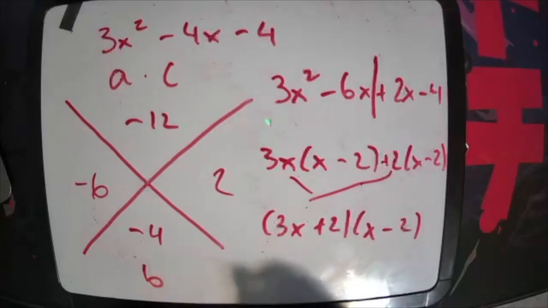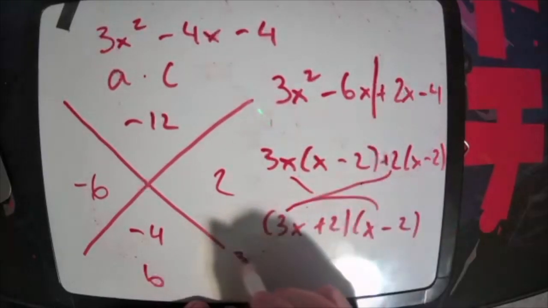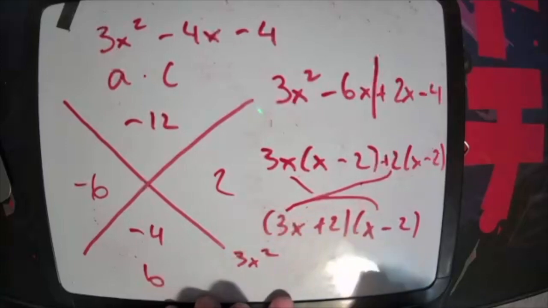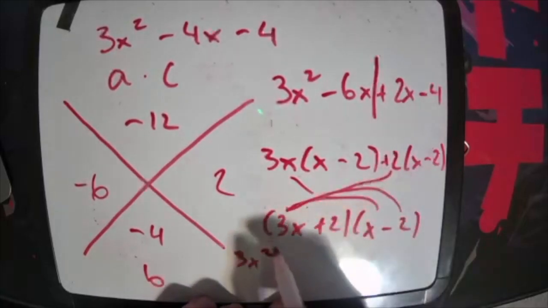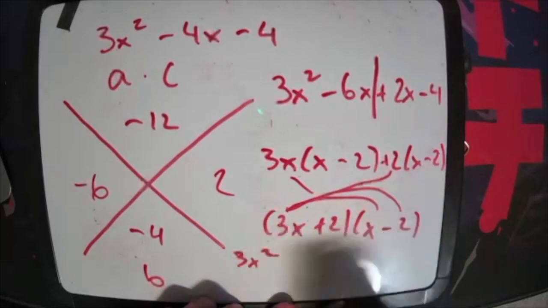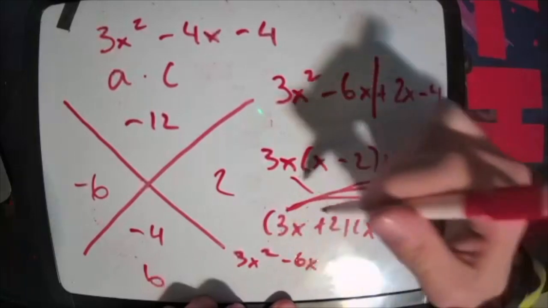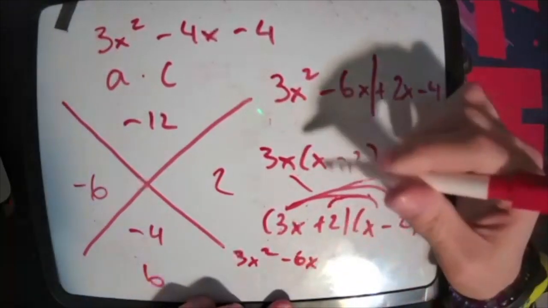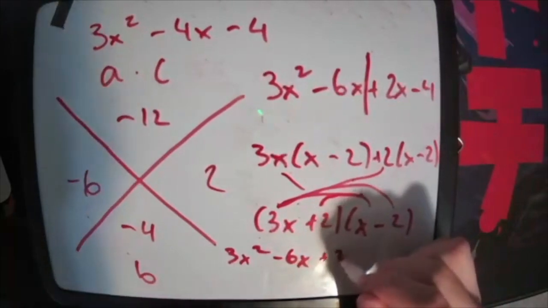It is always important to check. So let's use the FOIL method. First, we have 3x squared. Outer, 3x times negative 2 is equal to negative 6x. Inner, 2 times x is 2x.